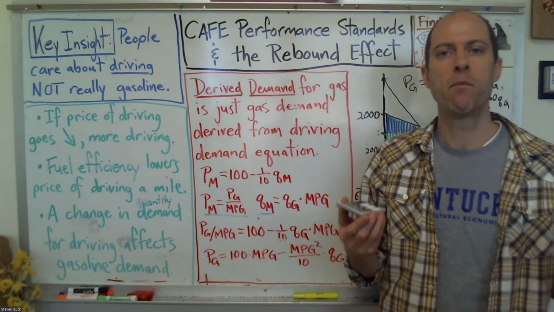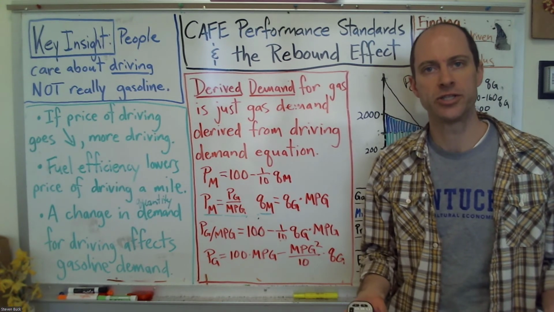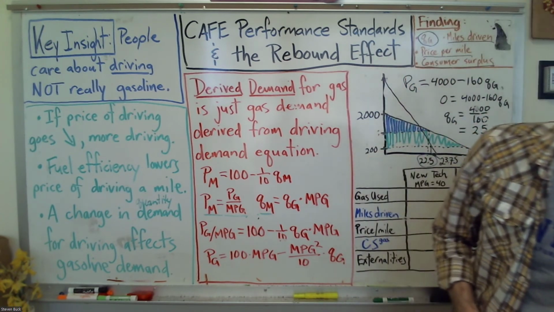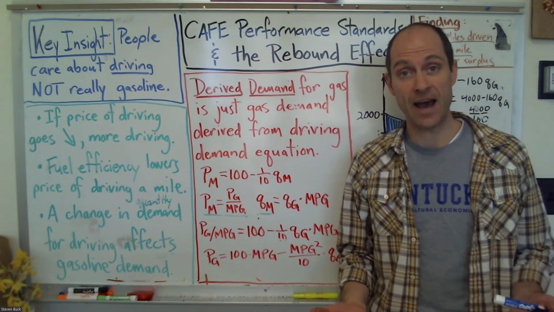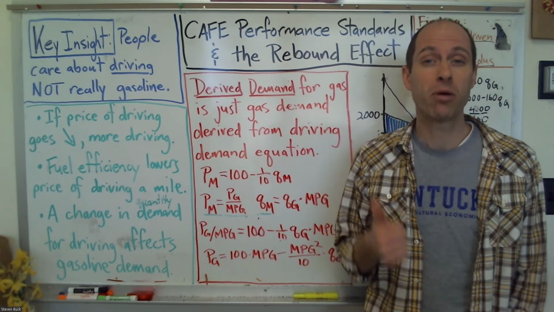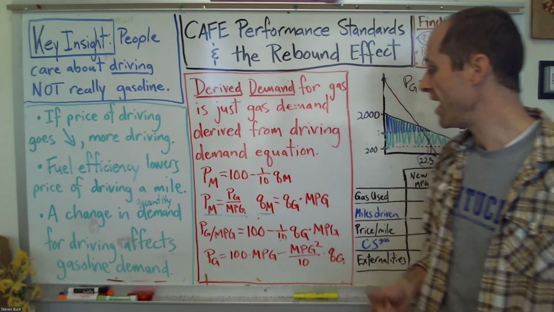So we're actually driving more miles under the new technology than the initial technology without the tax. Remember, that was just 900 miles. So consumers are going to be happy because they get to drive more miles. The price per driving mile has gone down substantially.